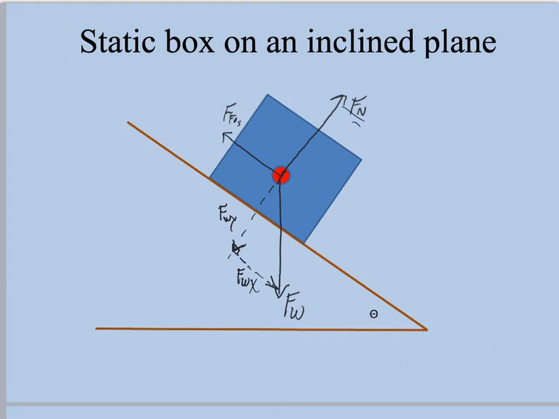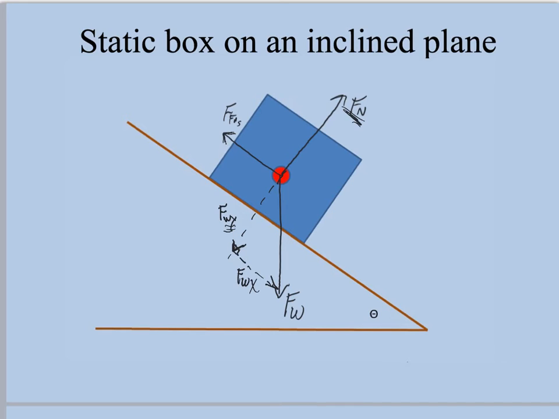So if this object is in equilibrium, we know that the normal force vector would be the same value as the FWY, the y component of FW. We also know that there's got to be a force opposite the friction force that's trying to push the box down the hill.